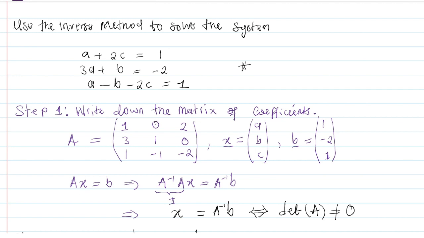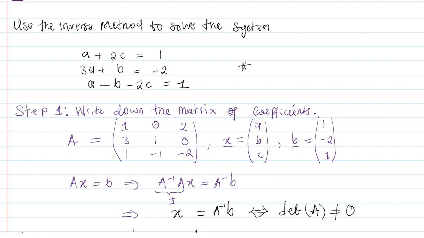Pre-multiply by the inverse, so that is A inverse multiplied by A, which is the identity, multiplied by X, is equal to A inverse multiplied by B. Since an identity multiplied by any vector or matrix gives the vector or matrix itself, we have X is given by the inverse of A multiplied by B.